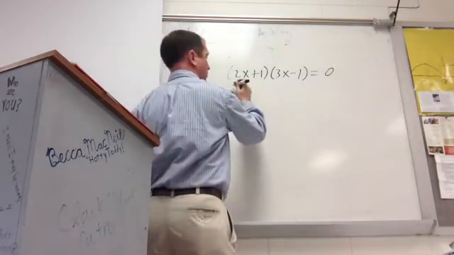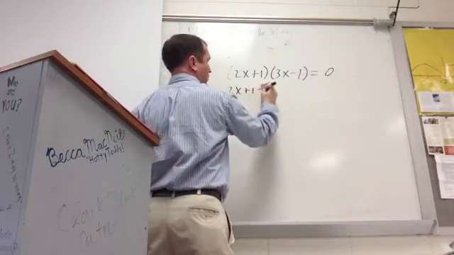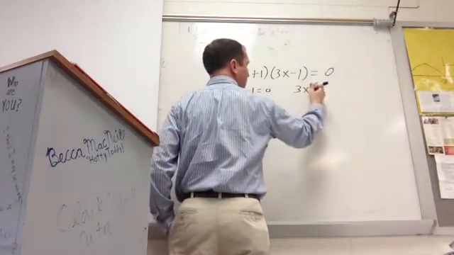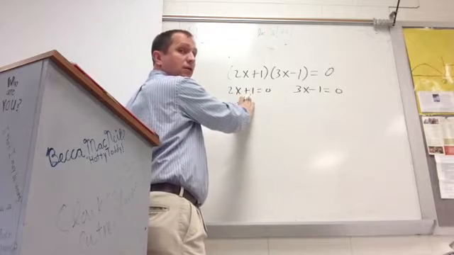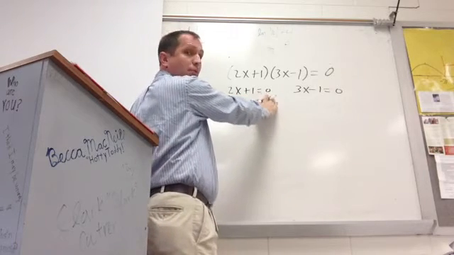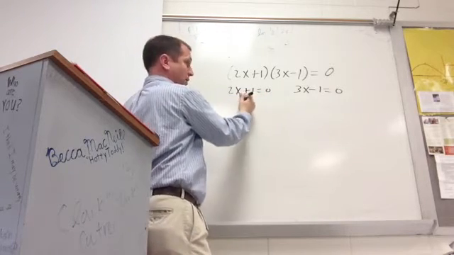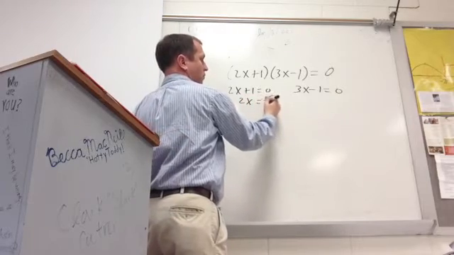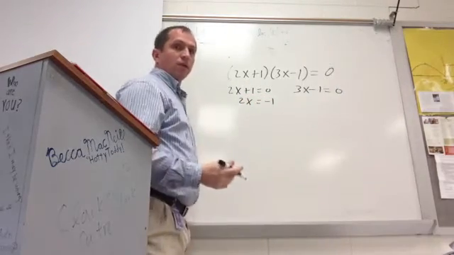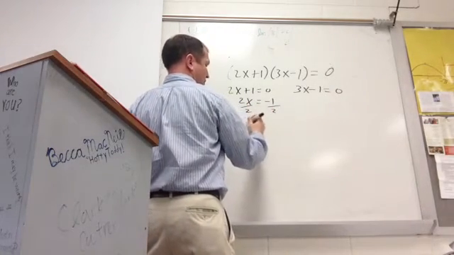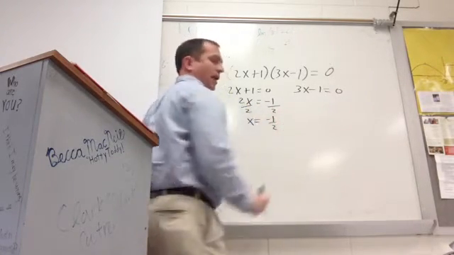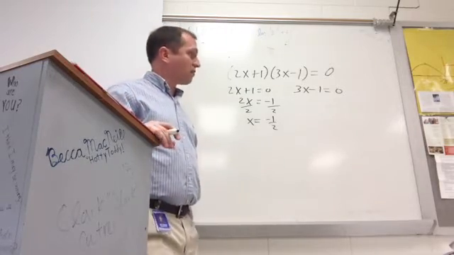Setting both of them equal to 0, you would have 2x plus 1 equals 0, and then 3x minus 1 equals 0. So next thing you would do is take the 1 and pull it over here. So that would mean you would have 2x equals negative 1. Then you would divide by 2. So you get x equals negative 1/2 for that value.